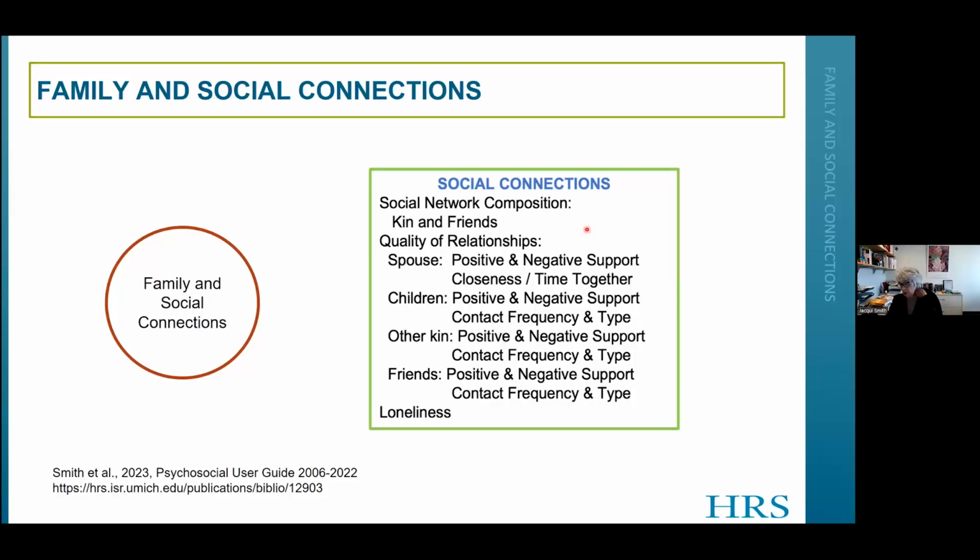Also the quality of relationships, which of course is also very important in terms of well-being and emotional well-being. The sorts of positive and negative support: can you rely on your spouse to give you help in times of crisis, or are they a pain in the neck and you cannot rely on them?